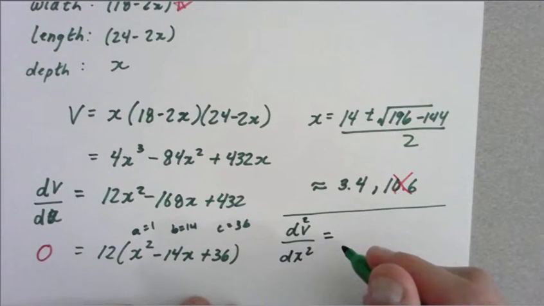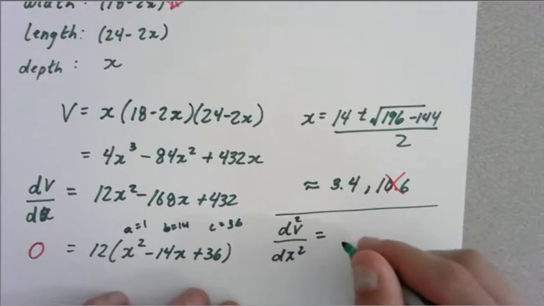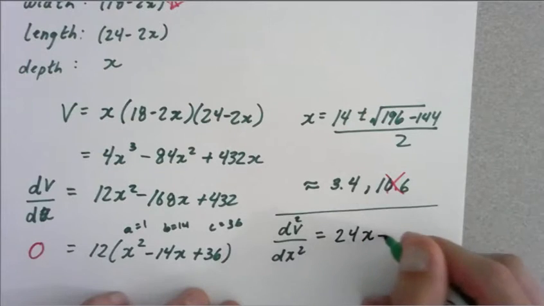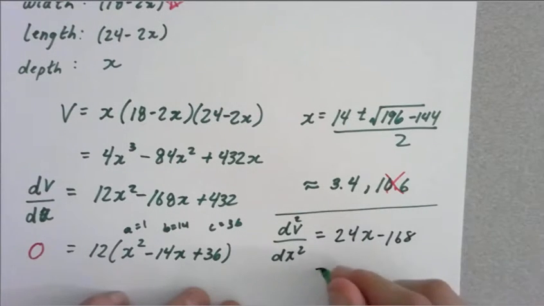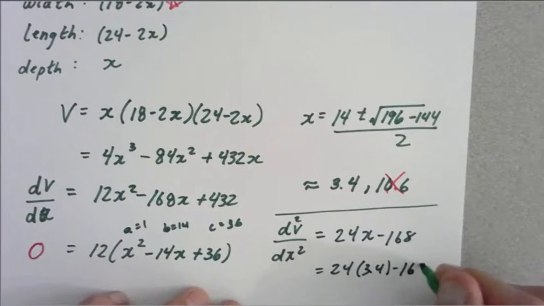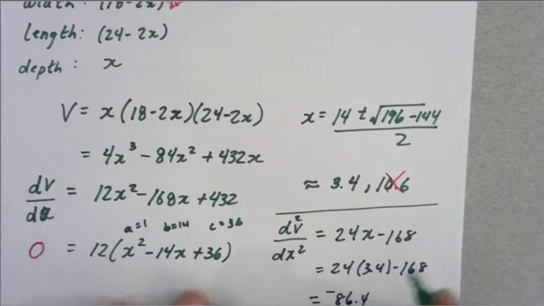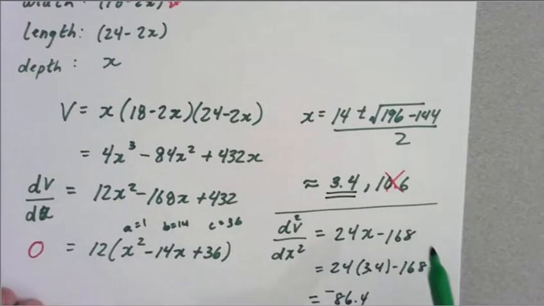We're going to have 24x minus 168. If you plug 3.4 into this, minus 168, you get negative 86.4. So that means that this is a maximum value.